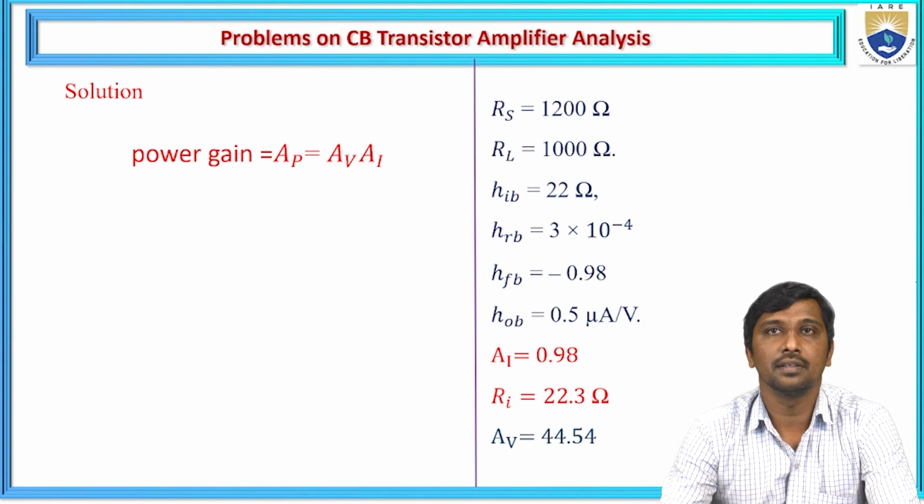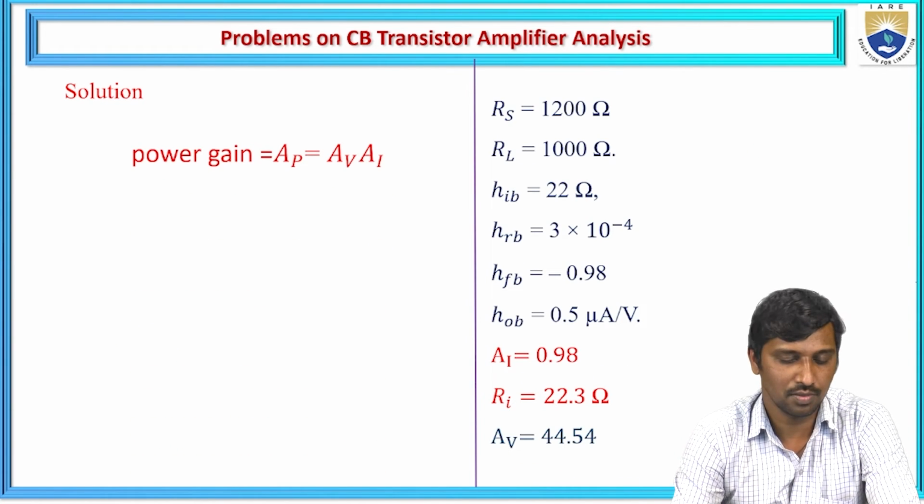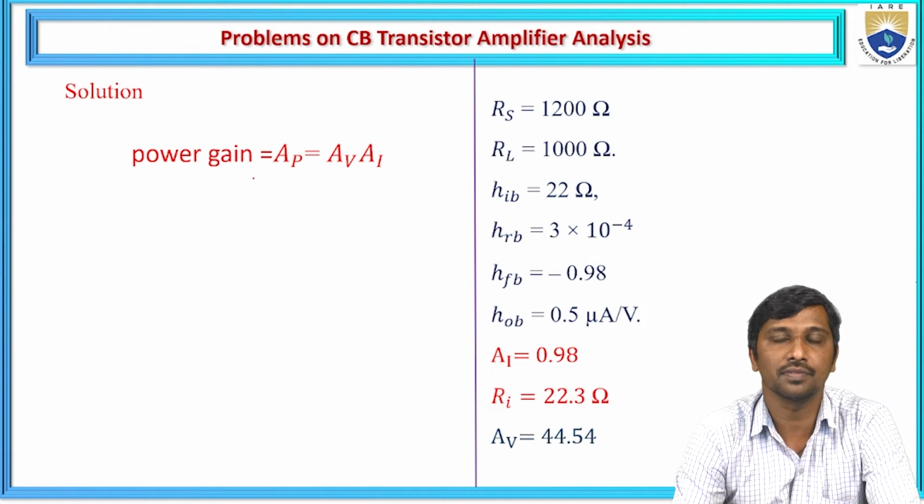Similar to that, now we need to calculate the overall power gain in terms of approximate analysis. Again, we know that the power gain is the product of voltage gain and current gain.